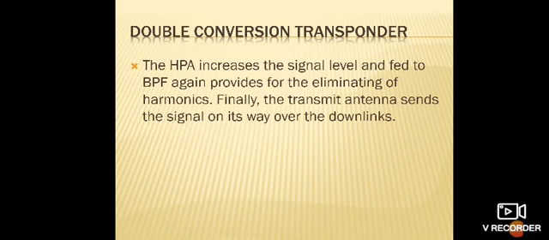From the mixer we get 6000 megahertz minus 5930 megahertz, which equals 70 megahertz of signal. Like that we have double conversion of the signals, that is, we use 2 mixer circuits, so it is converted 2 times. That's why it is called a double conversion transponder.